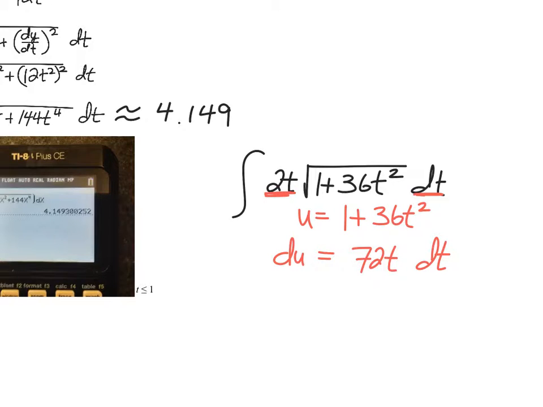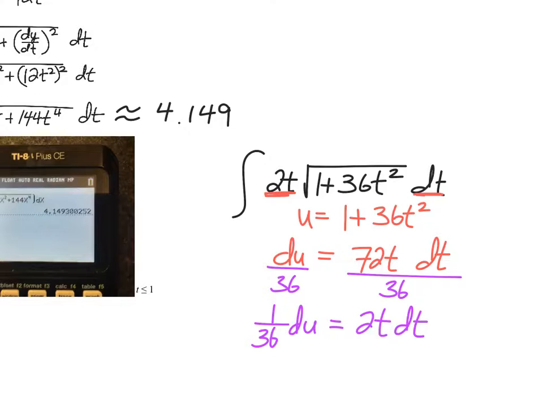I have 72 t dt. I want 2t dt. So I'm going to divide both sides by 36. So 1 over 36 du would be equal to 2t dt. So then that would allow this substitution to happen.